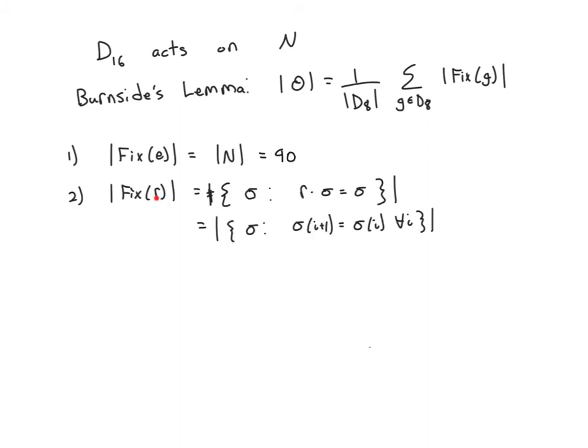So next, let's look at the rotation. So what do we mean by fixed points? We're looking at those necklaces such that when you act by r, you get sigma. Well, what is r of sigma? r of sigma of I is sigma of I plus 1. Oh, okay, I should be a little more accurate.